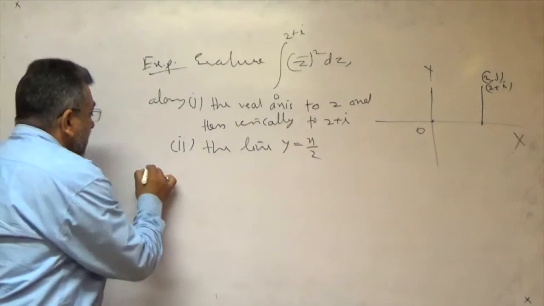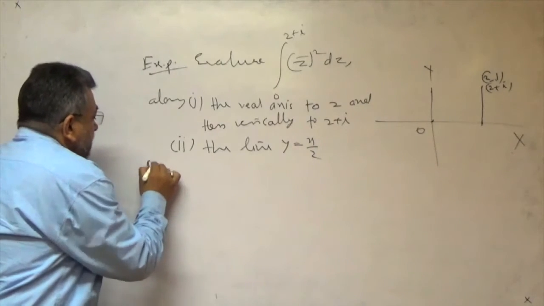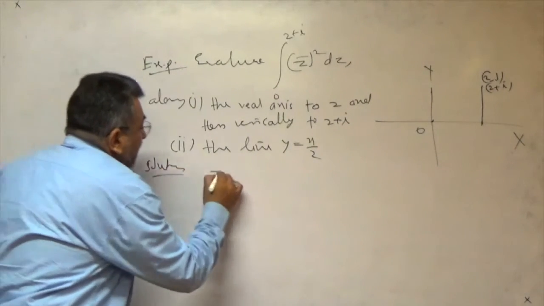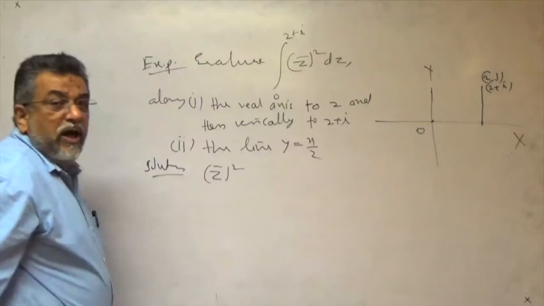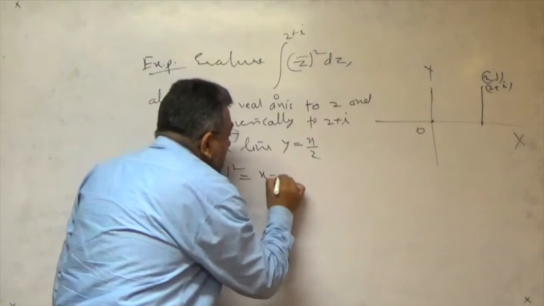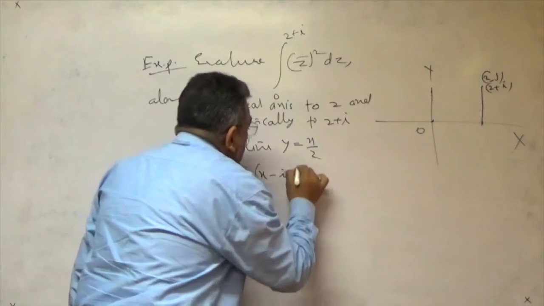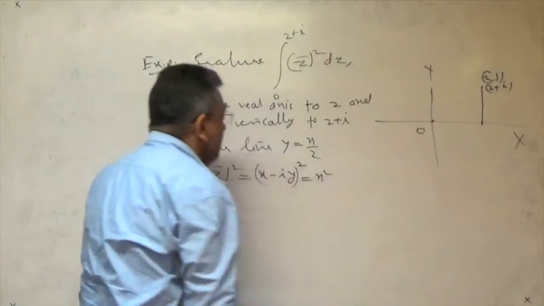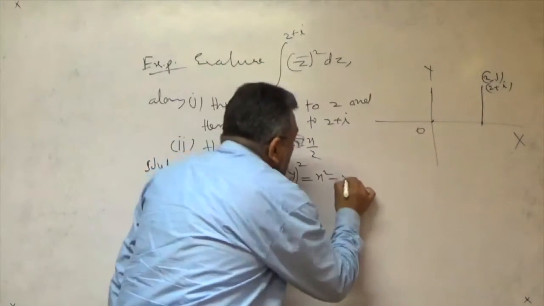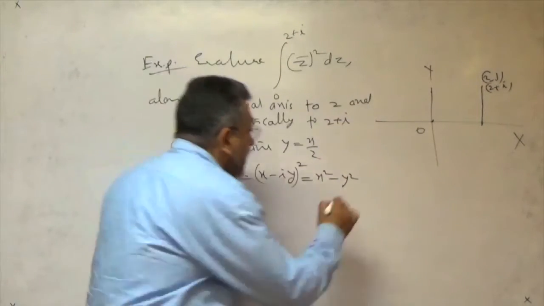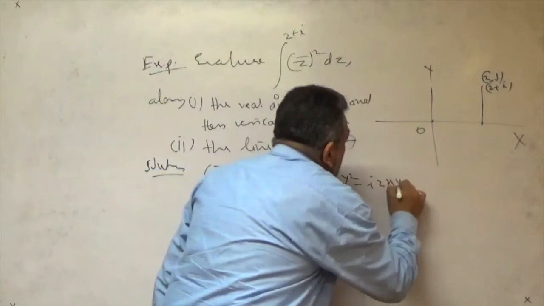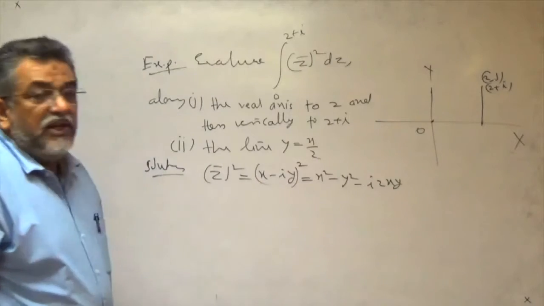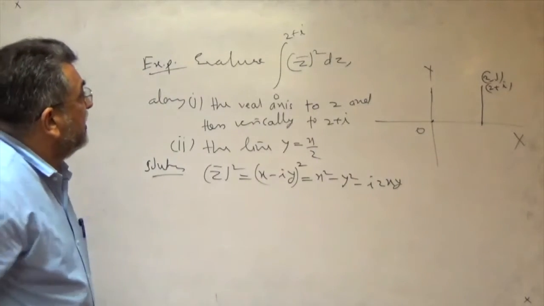First path, first solution: here we have the function z bar square, where z bar means x minus iy, the conjugate of the complex number. Open this: x square plus i square, meaning minus 1, times y square, minus i times 2xy. This is the expansion of this function.